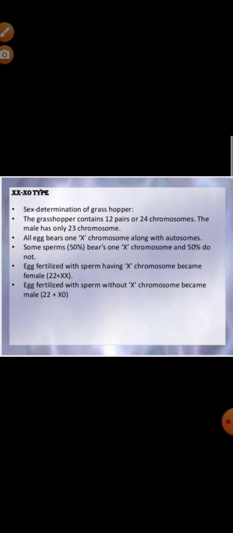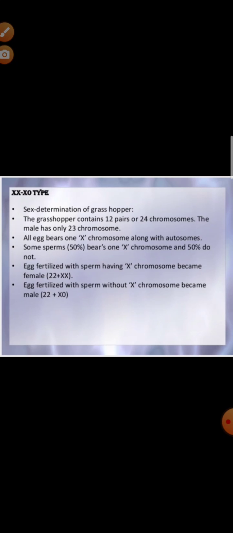Next we will know about the XO type. In which organism is this type of mechanism found? This is seen in the grasshopper. The males here have only one X chromosome besides autosomes, and females have a pair of X chromosomes. So what will the male have?